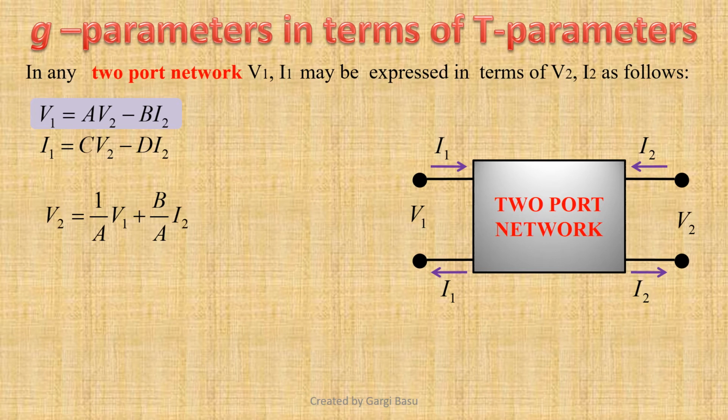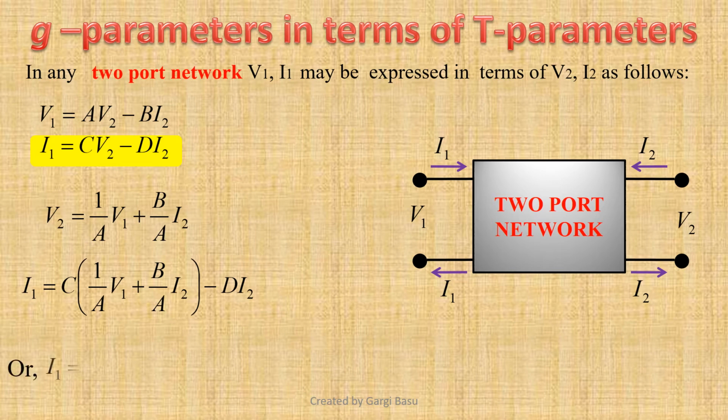Now using this expression in equation number 2, we get I1 equals C times 1 upon A V1 plus B by A I2, minus D times I2. By rearranging this equation, we get I1 equals C by A times V1 minus AD minus BC divided by A times I2.